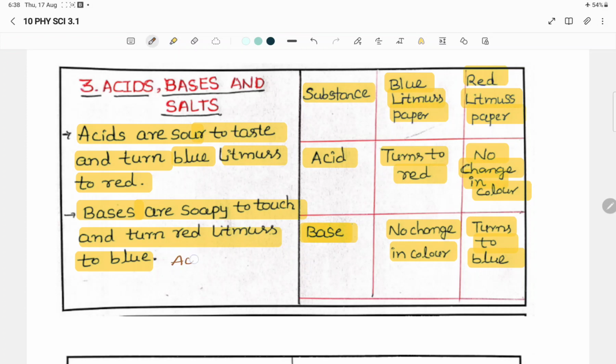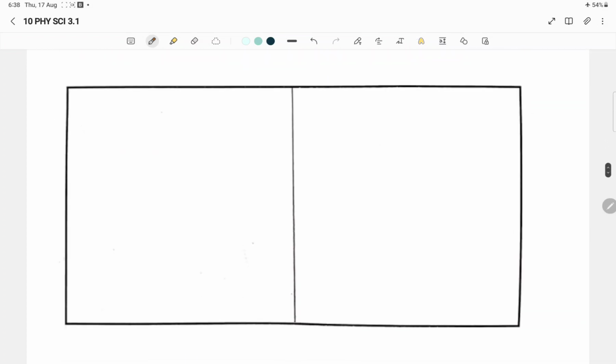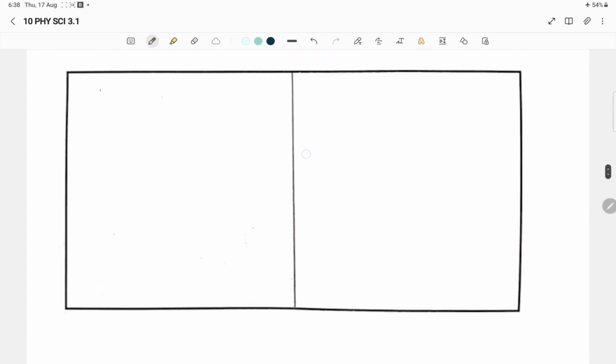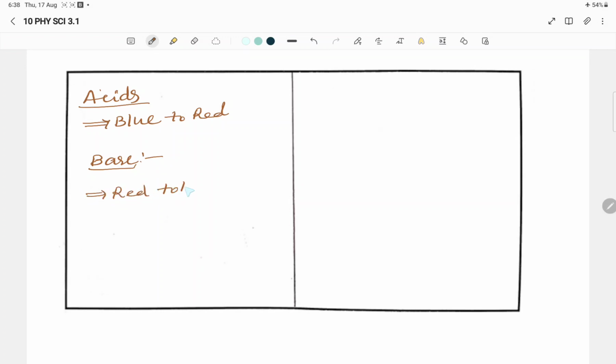See here, I am writing: acids, blue to red; base, red litmus to blue.